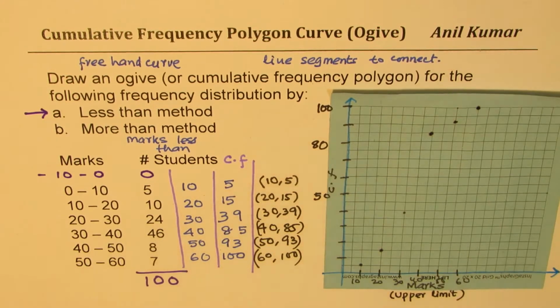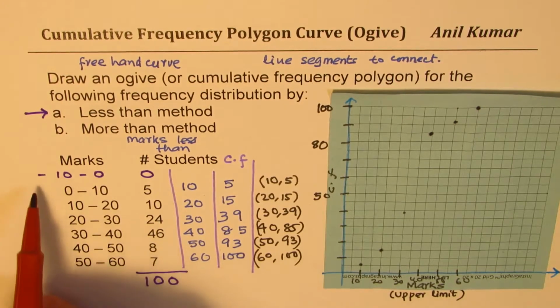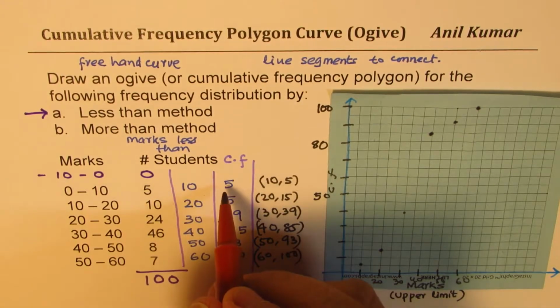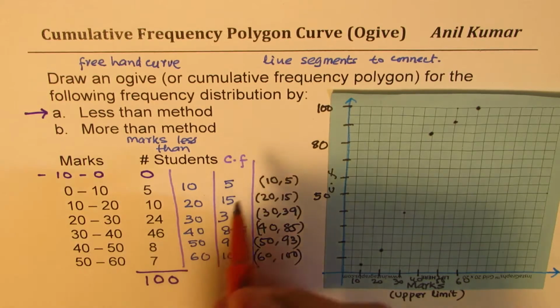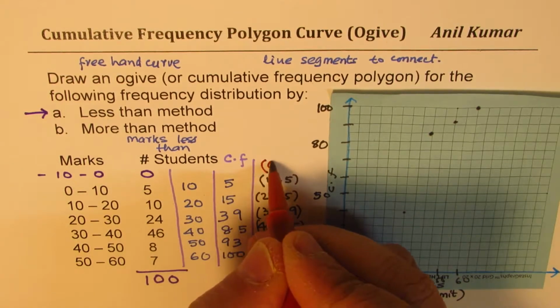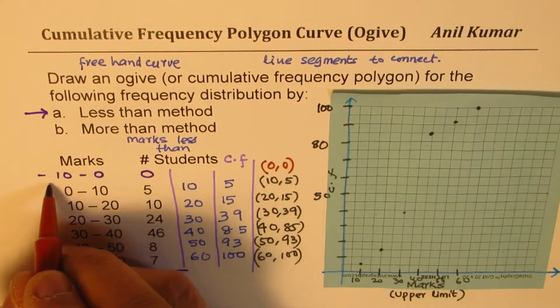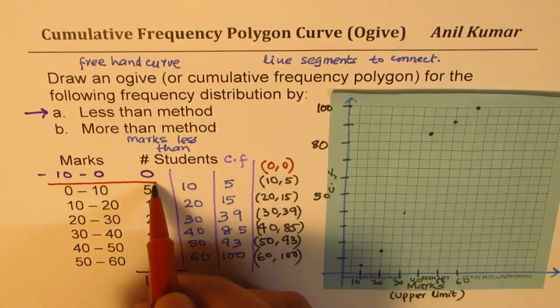Correct? So now we need to connect these points with a curve to get our graph. Perfect. So let's connect them. Now here we also have to understand that the point less than 10 has been taken as 0, so we do have a point here which is 0, 0. That was a very important point to start with.